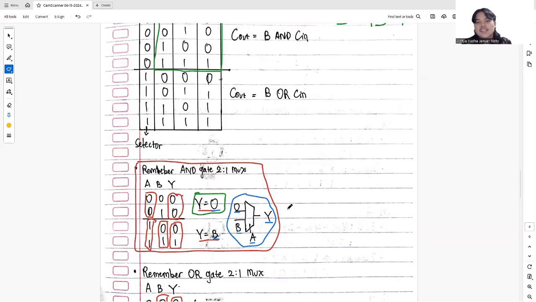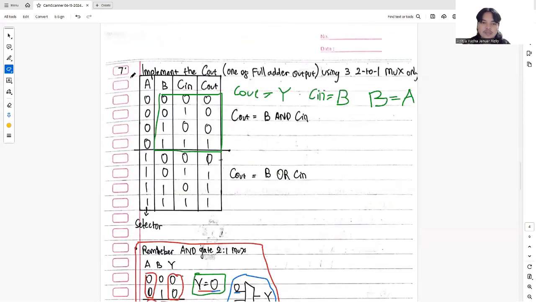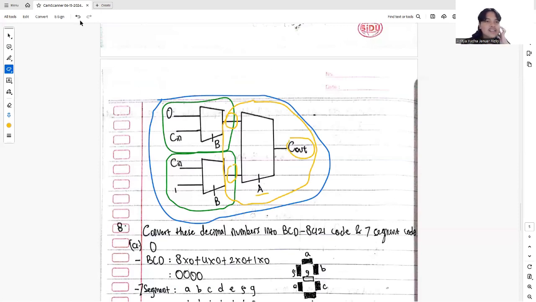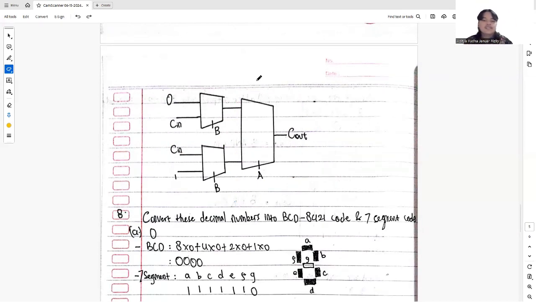It's because of what happens from this big explanation that I told you before. You begin to understand. From that we can conclude that the implementation of C out with the 3 two-to-1 multiplexers looks like this.